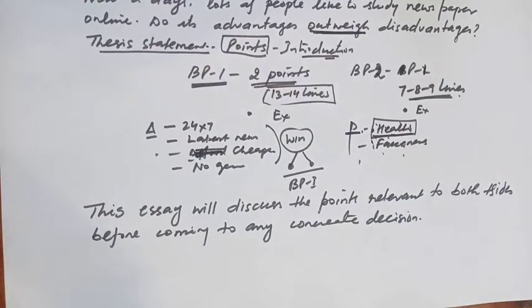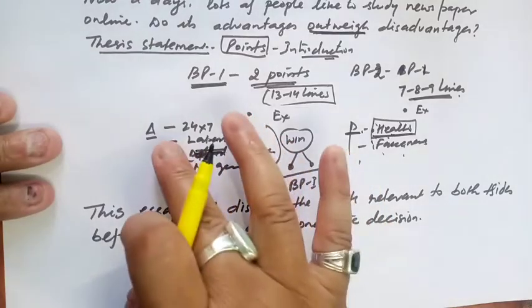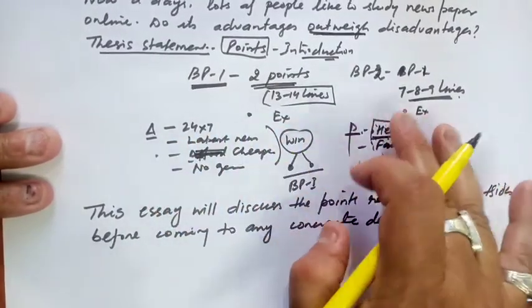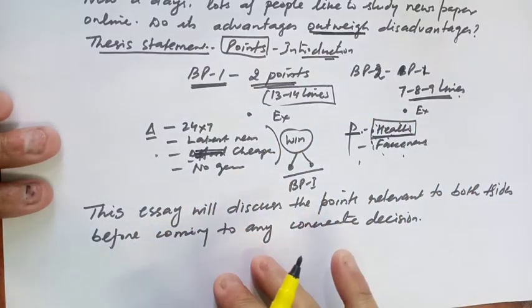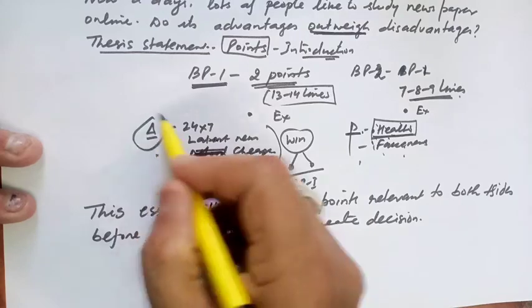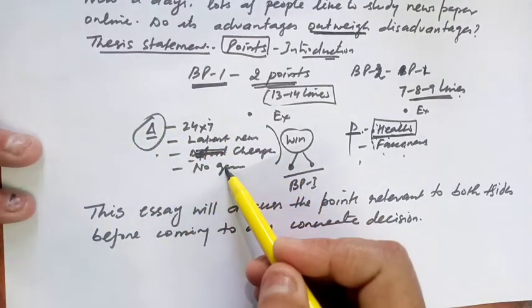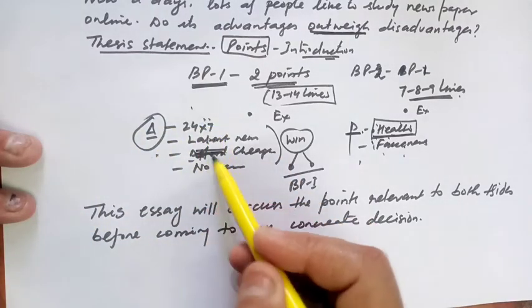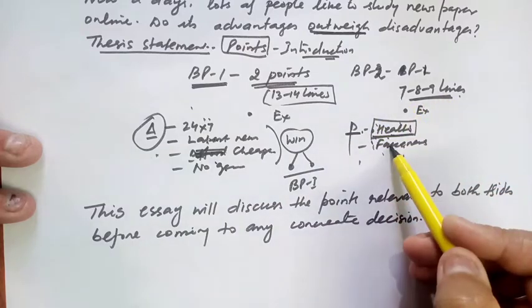That means in my thesis statement, in my introduction, I am going to say this, that I will make sure both the teams are going to fight with each other, and I don't know who is going to win, but I know who is going to win. This team A is going to win because it is in my planning. Accordingly, I will make BP1. Accordingly, I will make BP2.